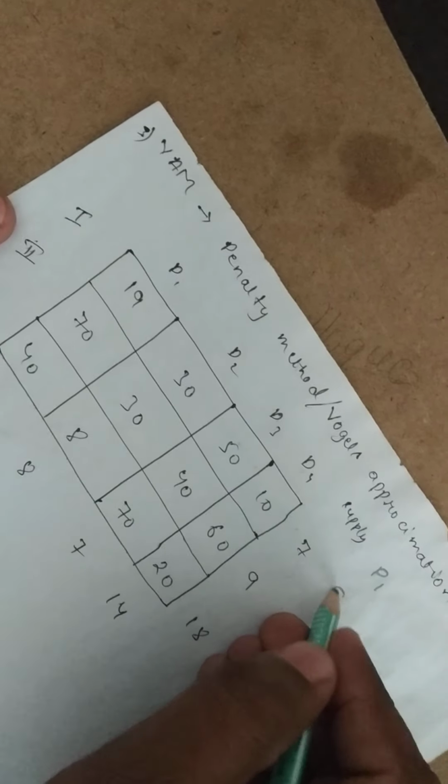The formula says second minimum minus first minimum, that is 19 minus 10, which is 9. Here 30 is the minimum and the second minimum is 40, so the difference is 10. Here the minimum is 8 and the second minimum is 20, so the difference would be 12.